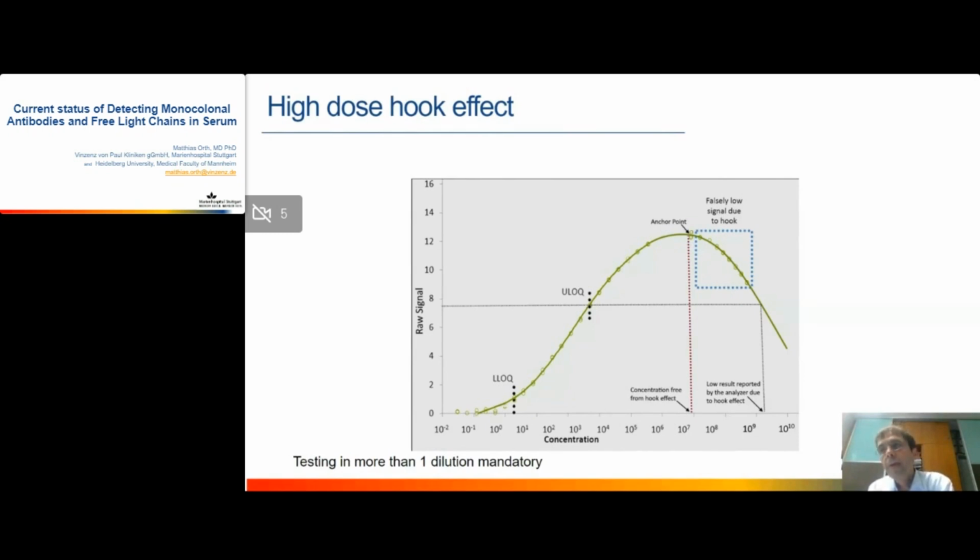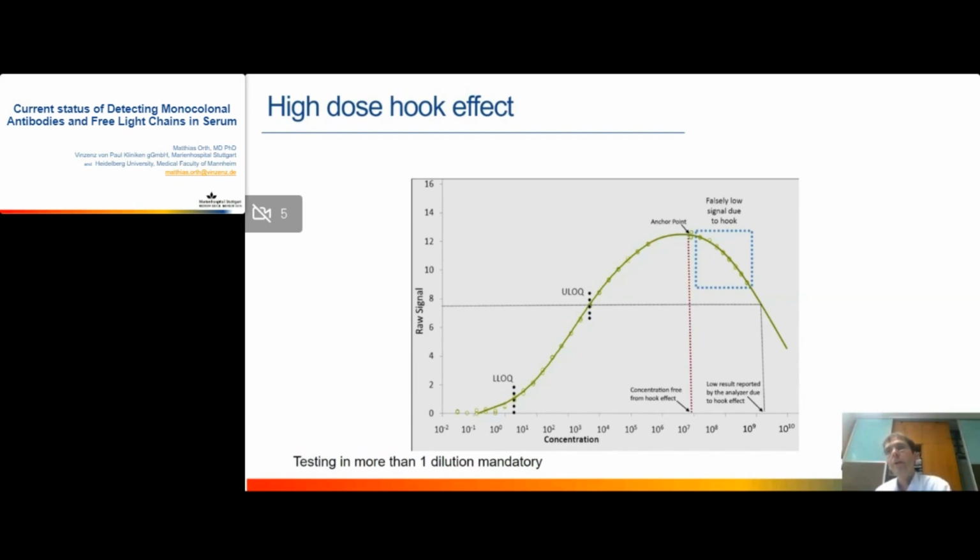But when we have an analyte such as free kappa or free lambda, which can be present in very low and very high concentrations, the reagent has to cover the whole range of patient results, and this is not feasible. So we are doing a test, and in fact, the antibodies we are using are not sufficient to detect all antigens. And so we get a certain result, such as here 10 to the 5, and the result is identical to 10 to the 8.